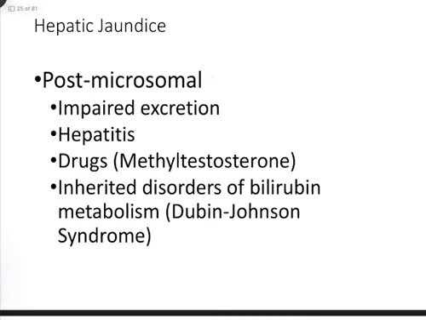Then the post-microsomal, okay, this is really not related with the liver. Majority of the cases are not related with the liver, but with factors affecting the function of your liver, such as impaired excretion of bilirubin. How? There's an obstruction of the biliary tree.